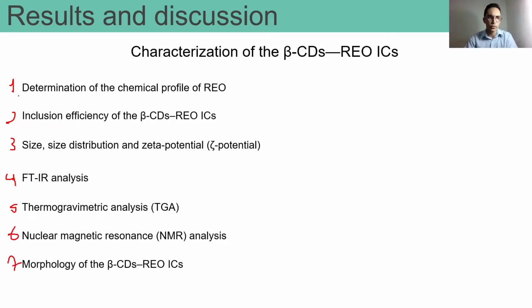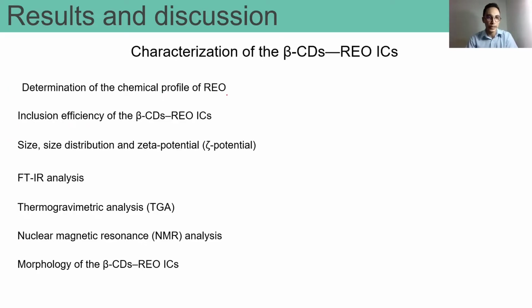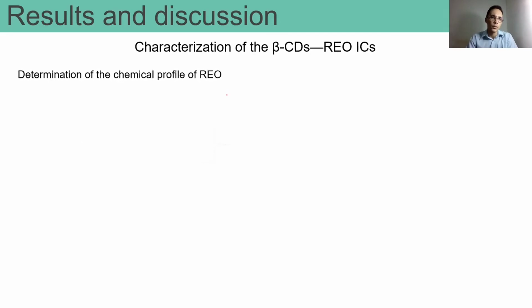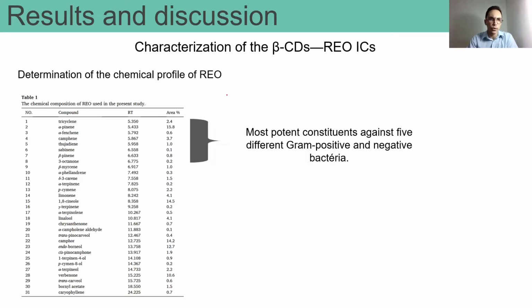The first one is the determination of the chemical profile of rosemary essential oil. So for the determination of the essential oil, that's in Table 1. We have the chemical components of the essential oil used in the present study, all the compounds that were found in the rosemary essential oil.